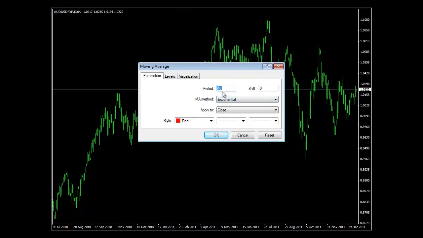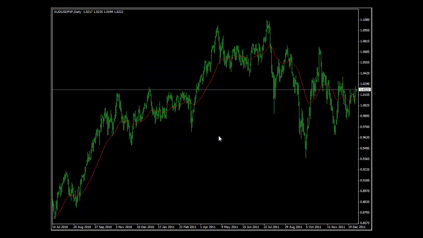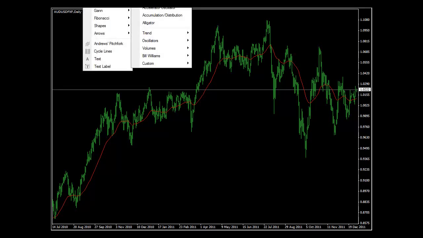Okay, and the first one's going to be a 40 period exponential on the close, and whatever color you like. I like red. Okay, and we're going to plot another moving average.